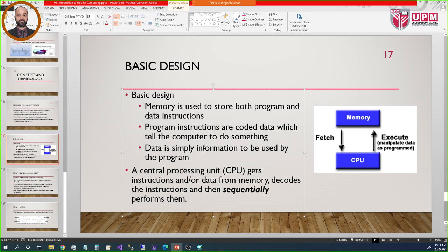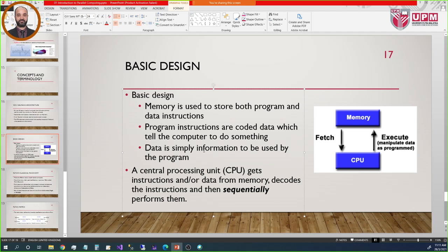Two parts have to be saved. The first part is program, the second part is data. Both parts are related or designed to achieve a certain job. So that program is a list or set of instructions that are designed to deal with that data to achieve that job.